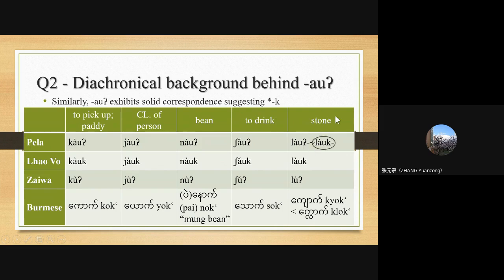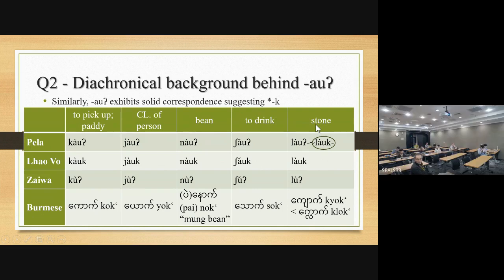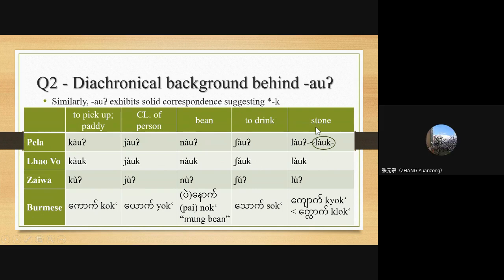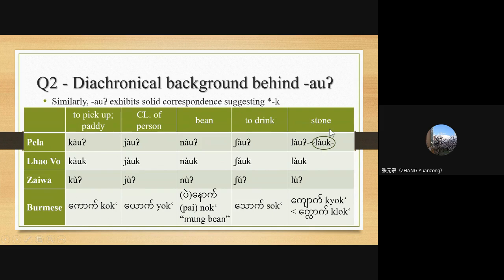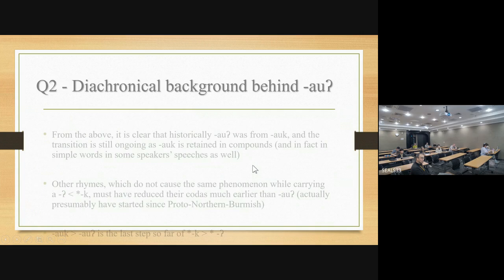Especially the word for stone, since it generally appears not alone but as a part of a compound word as the first element, it frequently shows its variant auk.